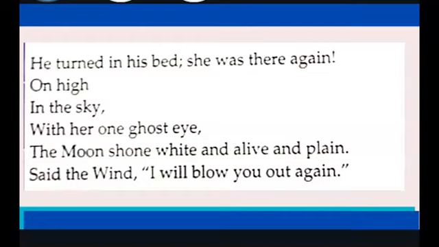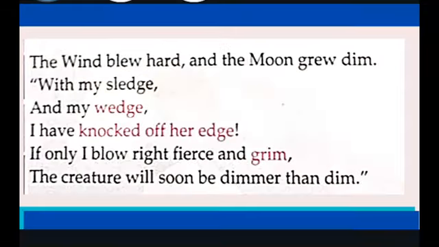He turned in his bed, she was there again, on high in the sky, with the one ghost eye. The moon shone white and alive and plain. Said the wind, I'll blow you out again. The wind blew hard, and the moon grew dim. With my sledge and my wedge, I have knocked off her edge. If only I blow right, fierce and grim, the creature will be soon dimmer than dim.